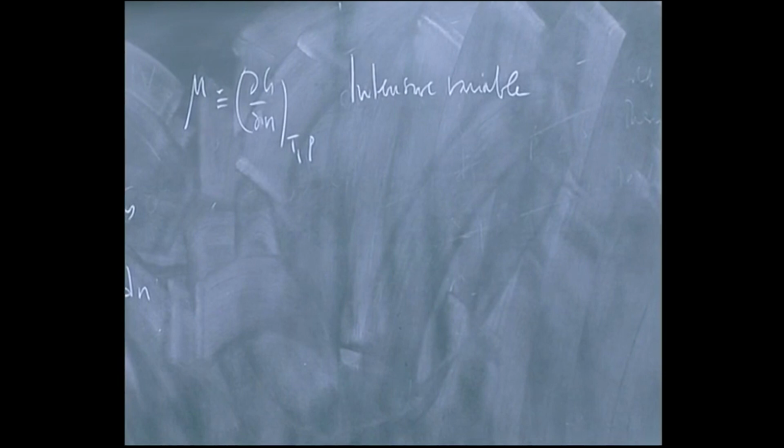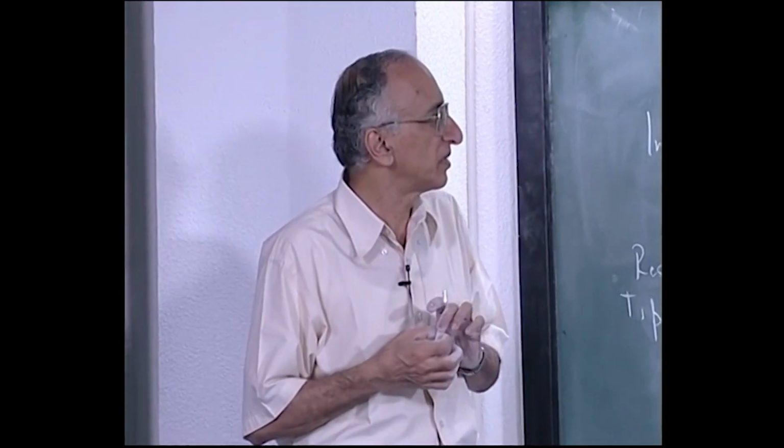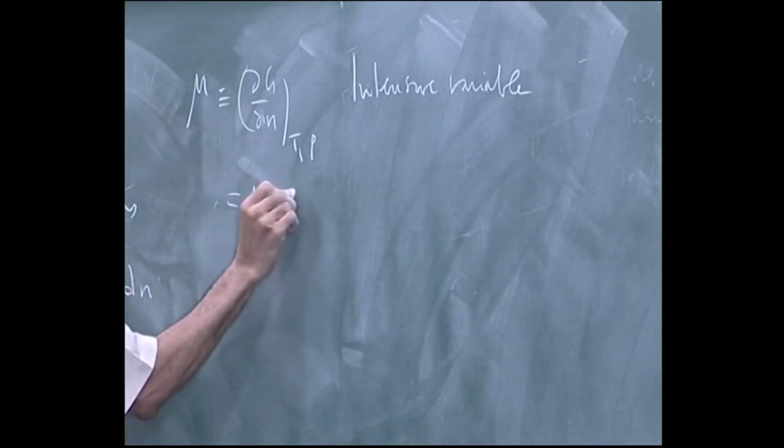So I am really calculating G per mole of addition. G is extensive, n is extensive. I am asserting that partial of G with respect to n is an intensive variable. If it is an intensive variable, it can be a function only of T and P.